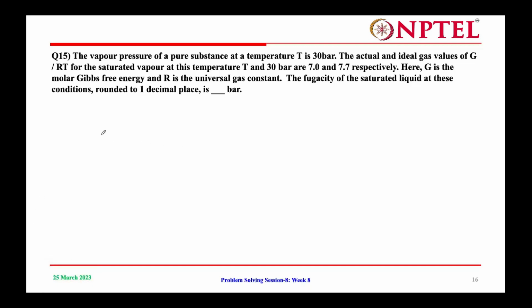Now question number 15. Please make your mic mute. The vapor pressure of a pure substance at temperature T is 30 bar. The actual and ideal gas values of G by RT for saturated vapor at this temperature T and 30 bar are 7 and 7.7 respectively.